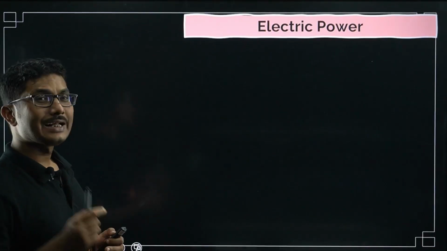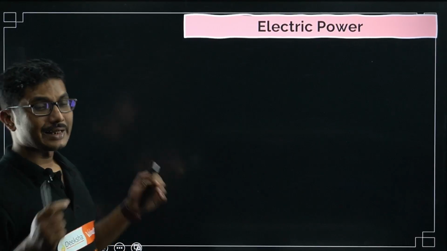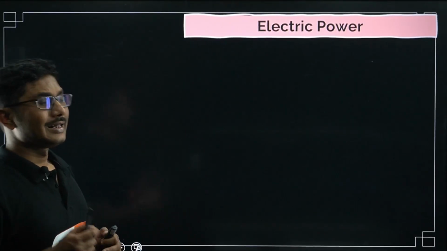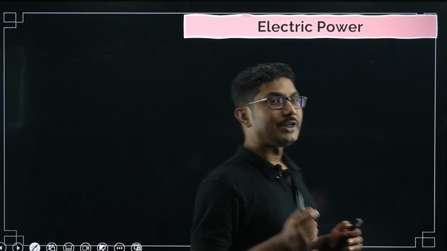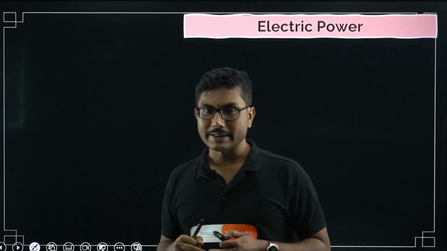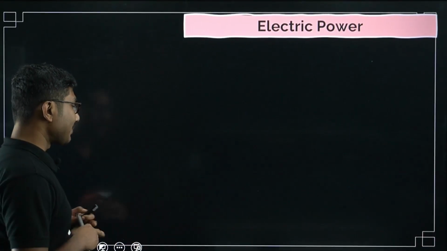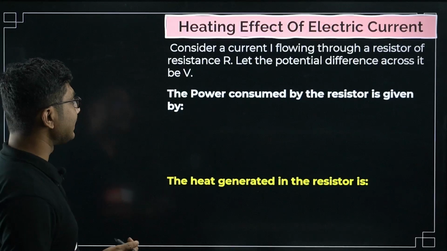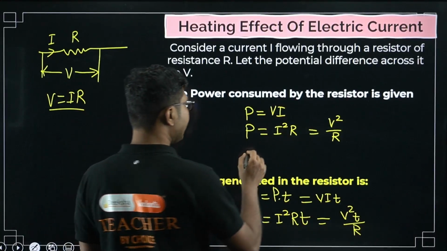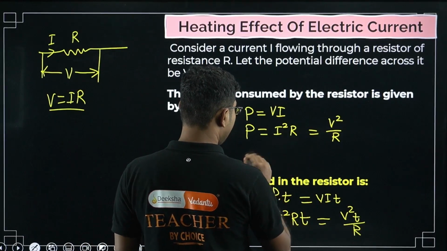Next is electric power. We have already discussed electric power, but the electric power that we consume in our home is not generally expressed in the same way. In this formula, the unit is joules.